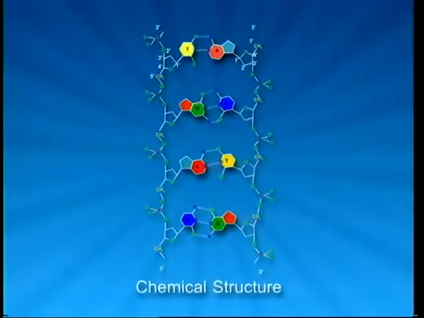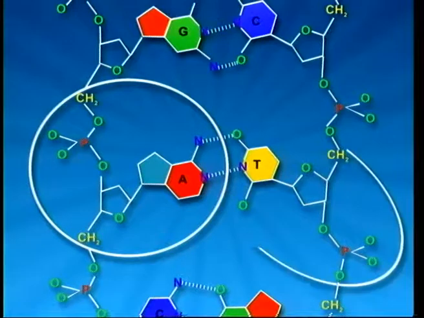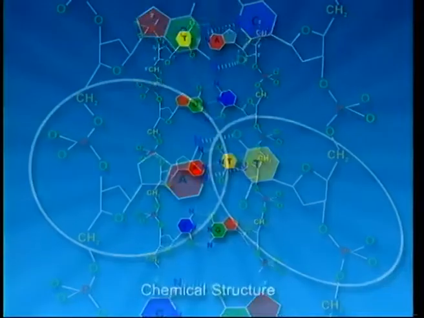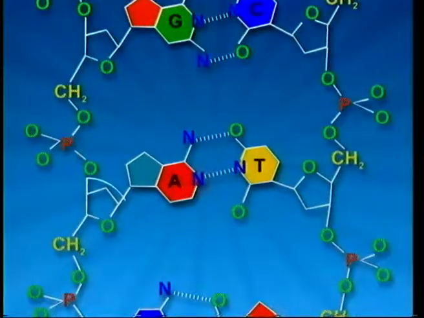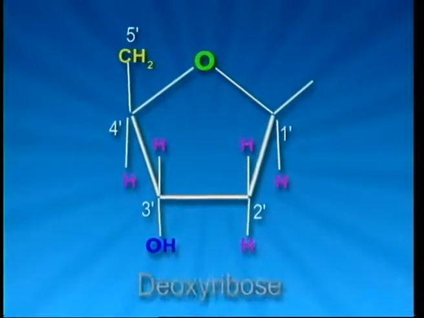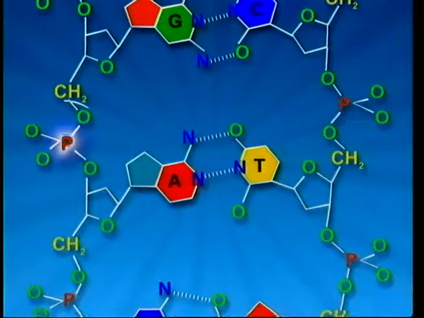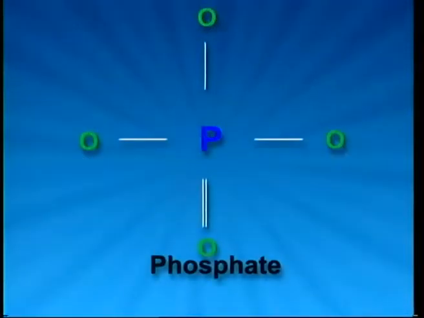Each strand of the ladder has a long chain of nucleotides, and each nucleotide is made up of 3 subunits. A 5-carbon sugar molecule called deoxyribose is one of the subunits. Attached to one of its ends is the subunit of a phosphate molecule.